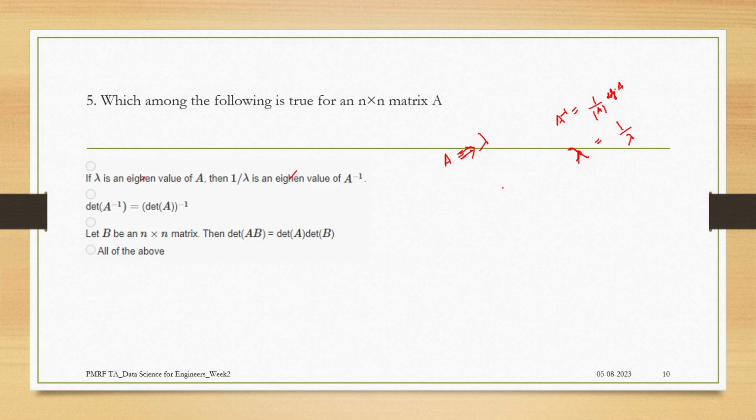In the second option, it's taken like determinant of A inverse. If you write A inverse as 1 by determinant A into adjoint A, that will be equal to determinant of A inverse.